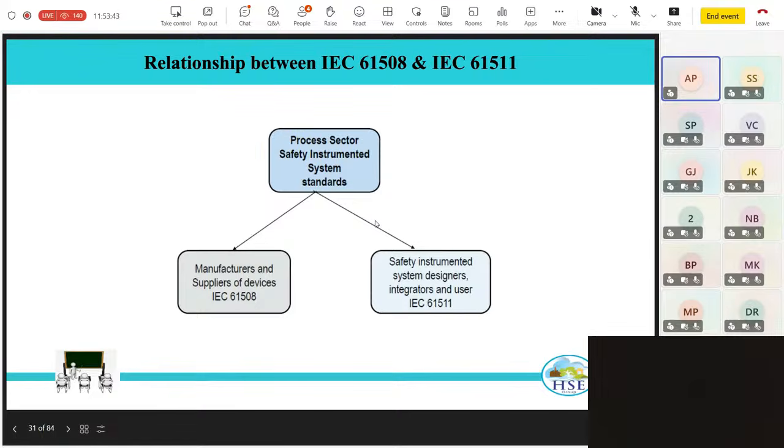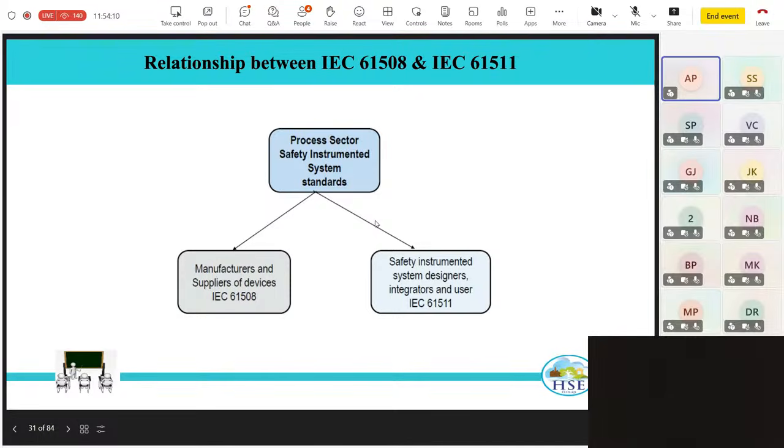Users, that means plant users like a refinery or petrochemical plant or an oil and gas facility. So for the users, it is their requirement that they want a safety instrumented system. The user actually implements the system, but he is mainly focused on doing his business related work, manufacturing petrochemicals or chemicals or oil and gas or whatever it is.